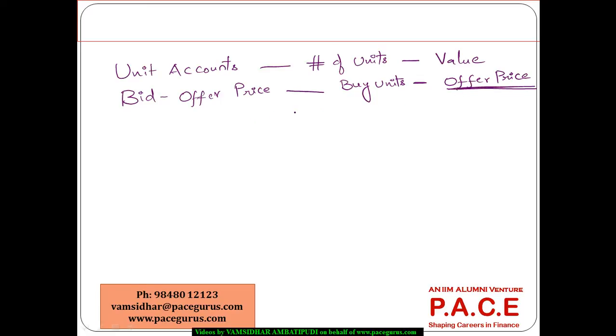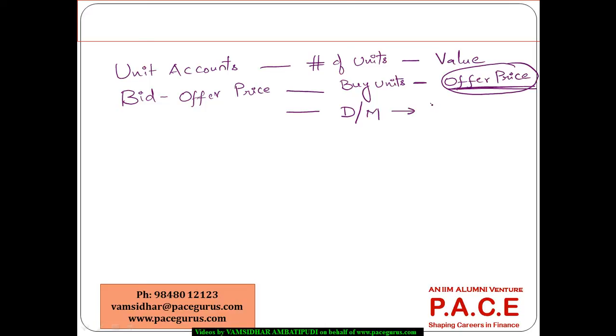And on the maturity, you had some number of units, right? Every year at some offer price, the units are getting purchased, so you have built up some number of units. Now let's say this is the year when either the death benefit or maturity benefit needs to be paid. So all your units will be bought back by the insurance company or by the fund.